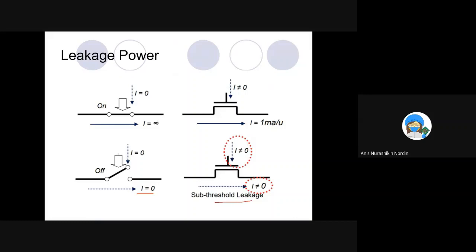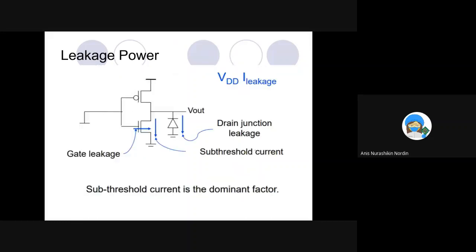The other one is when the current here at the gate is supposed to be zero. There should be no gate current, but the gate current is not zero, and this is the gate leakage current. Okay, so for the leakage power, the sub-threshold current is the dominant factor.